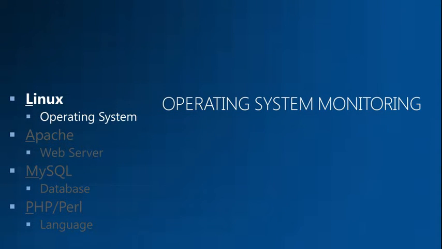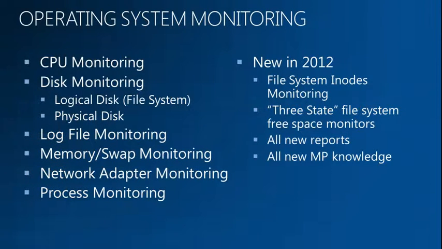So moving into our LAMP stack, the L in LAMP stands for Linux, which represents the operating system in the stack. So we can talk about what we're doing in terms of operating system monitoring. This isn't really greatly changed from 2007 R2. The feedback we got from customers, from you, was that we're doing a pretty good job on covering the base OS.